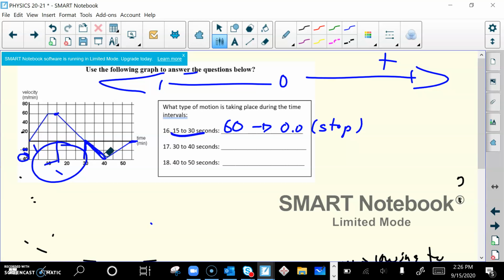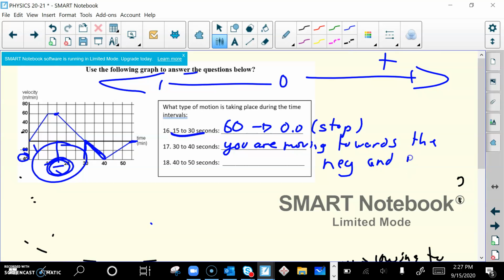The thing is, you're going towards the negative side. So between 30 and 40 seconds, you are moving towards the negative side, and moving faster. Does that make sense?